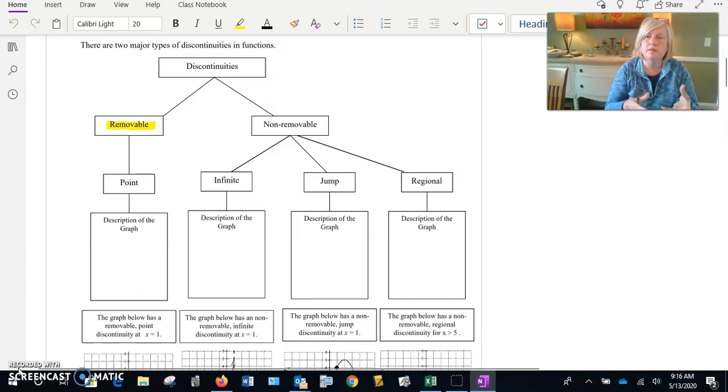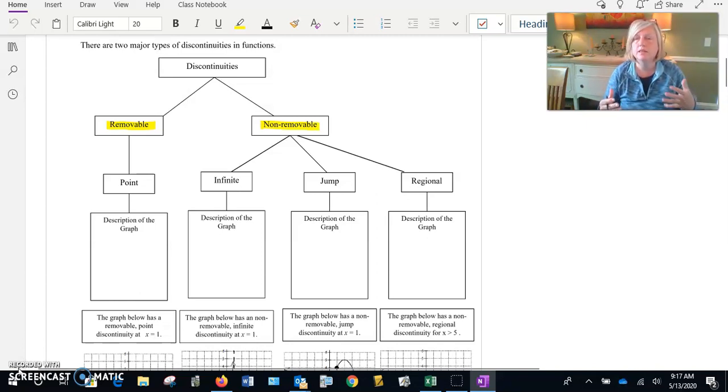Removable are the ones where, because of some algebra technique, we can remove the bad factor from the denominator, which removes the division by zero problem and leaves a point discontinuity on the graph. And non-removable ones are the ones that we cannot remove.